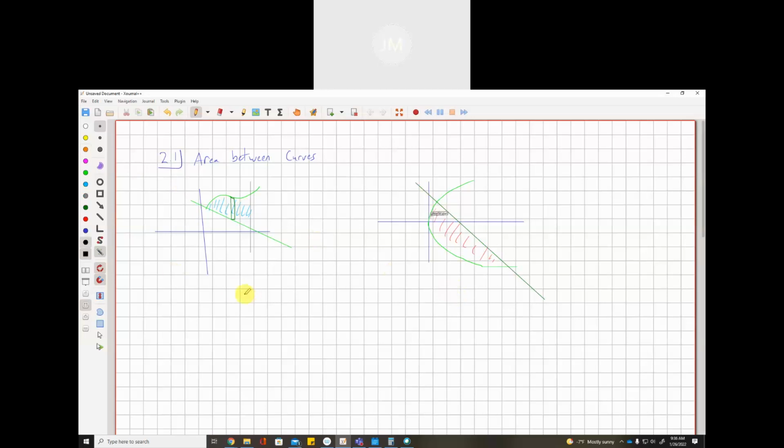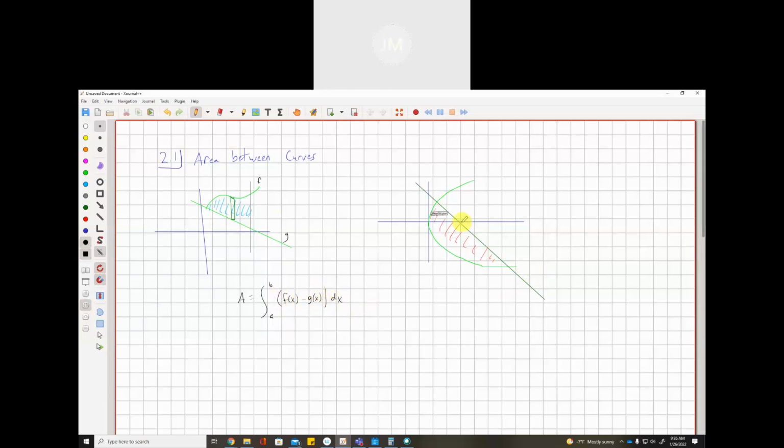So for this first one, my area is going to be the integral from a to b of my top function f minus my bottom function g, and I'm integrating dx.